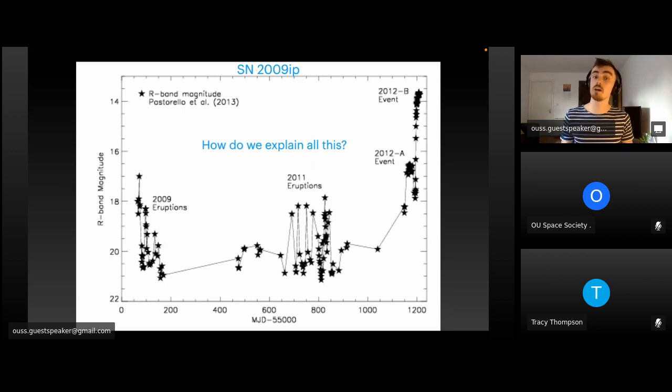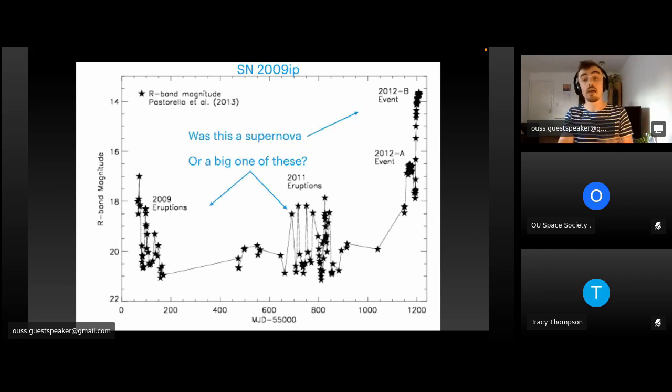And then in 2012, it did display something that we would assume to be a supernova. It reached brightnesses that we think represent a star ending its life. But under our current idea of how stars live and die, how do we explain all this? Are these 2012 events a supernova, or were they just a massive eruption? And this is where the debate comes in. Is it a supernova or is it an impostor? And this is what my PhD worked on a lot.